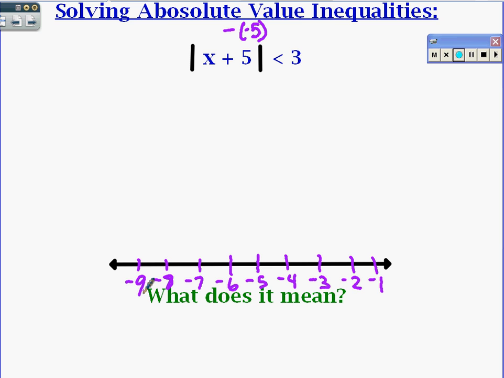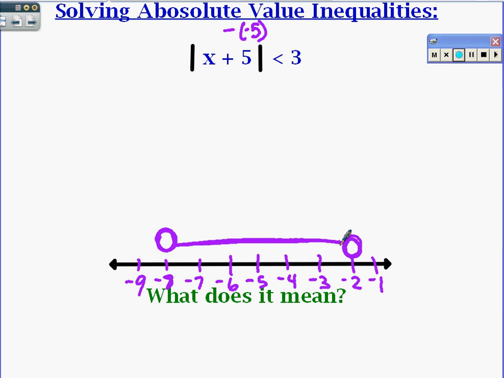So my other points are 3 units away. Since it is a less than sign, we remember from graphing inequalities that means it does not include the 2 points, because it is less than those points, not less than or equal to. So we have open circles over negative 8 and negative 2 and a line connecting the 2 points.